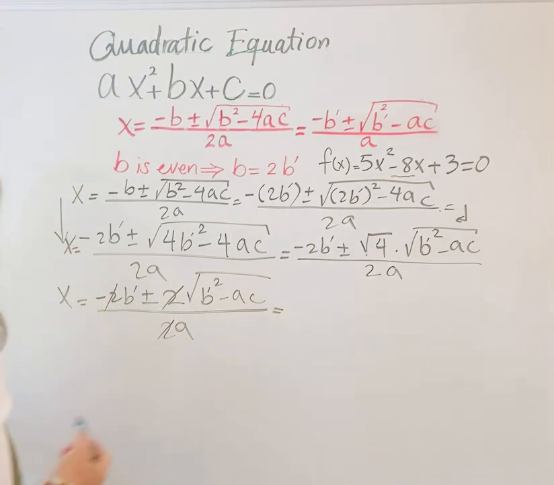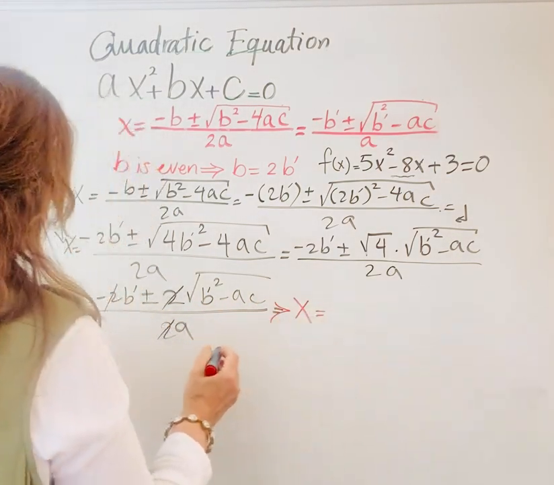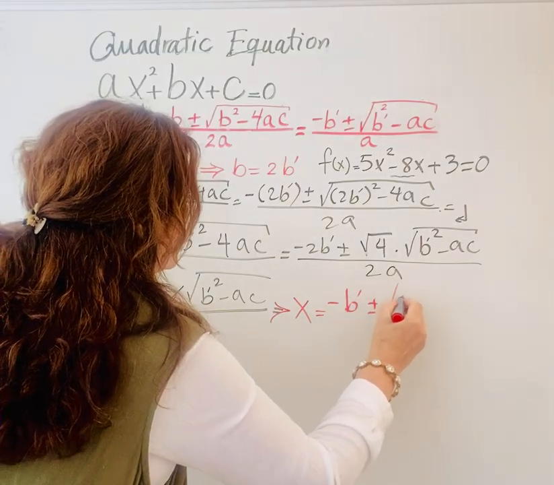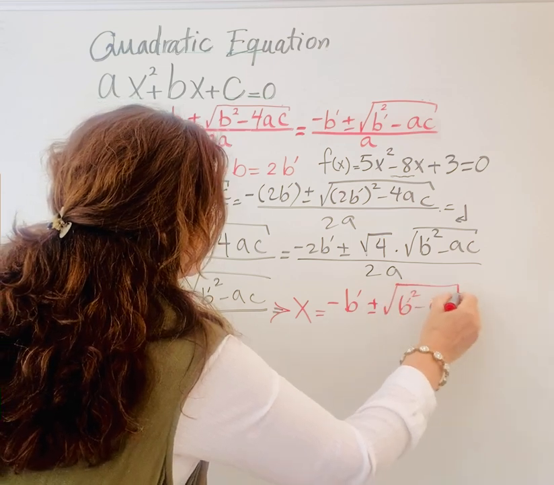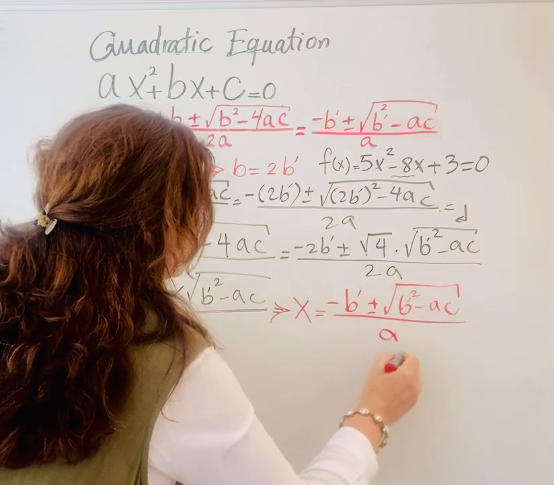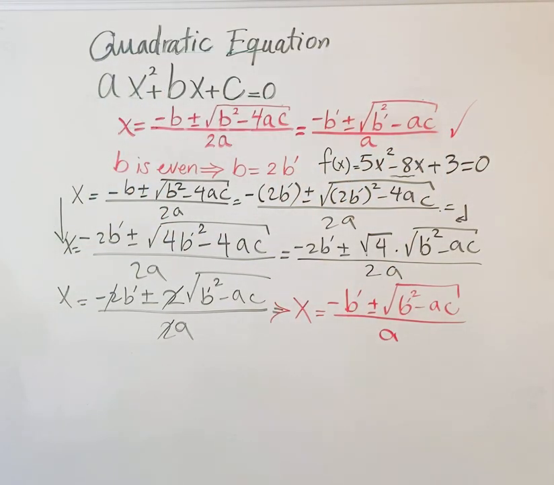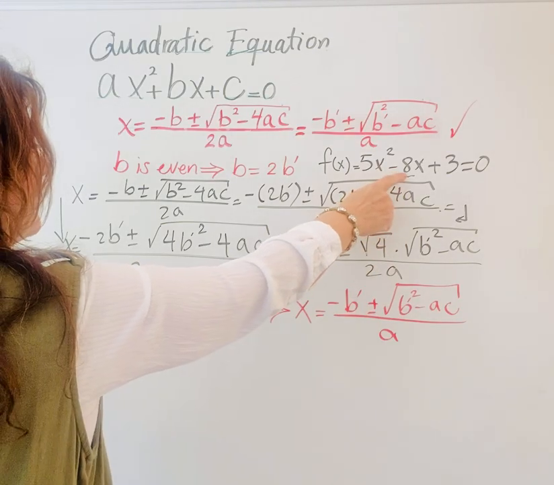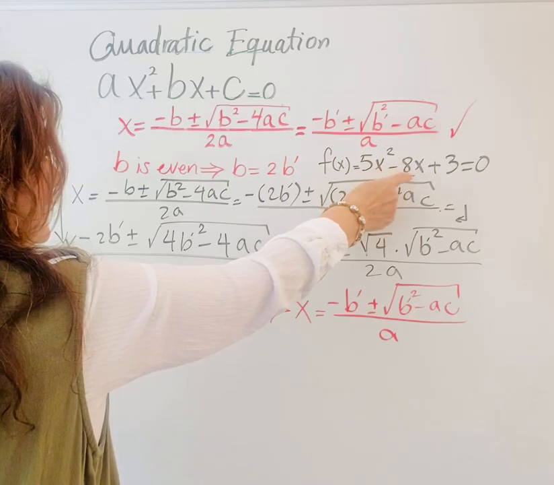The final answer is x equals negative b prime plus or minus the radical of b prime squared minus ac, over just a, as we had before. We proved this, right? We use this one just when b is an even number.